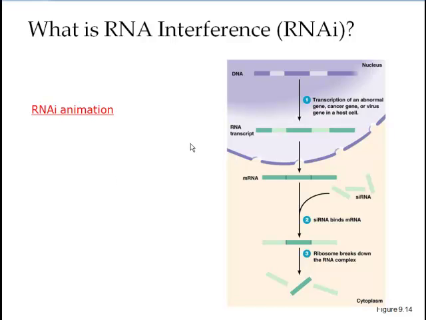And the small interfering RNA molecules bind to the mRNA molecules. For example, all of these are the small interfering molecules that are binding with the mRNA molecules here, and it causes an enzymatic destruction, and then they silence the expression of a certain gene.